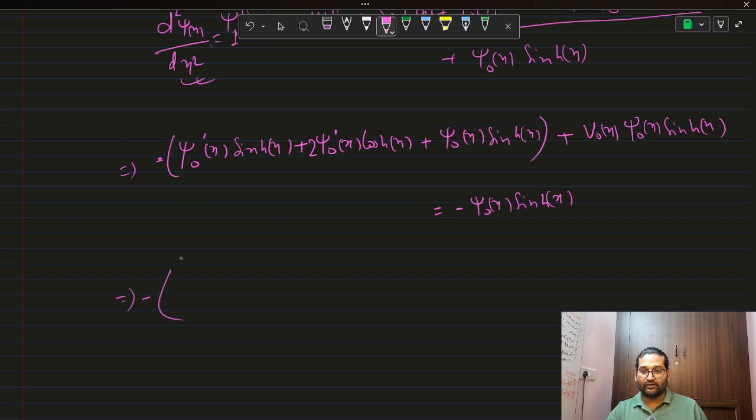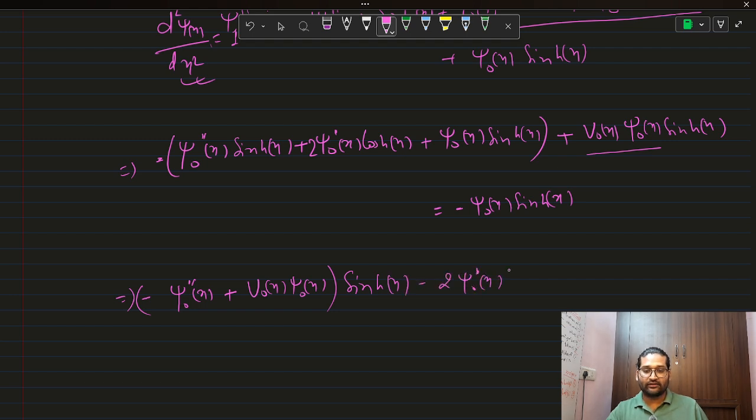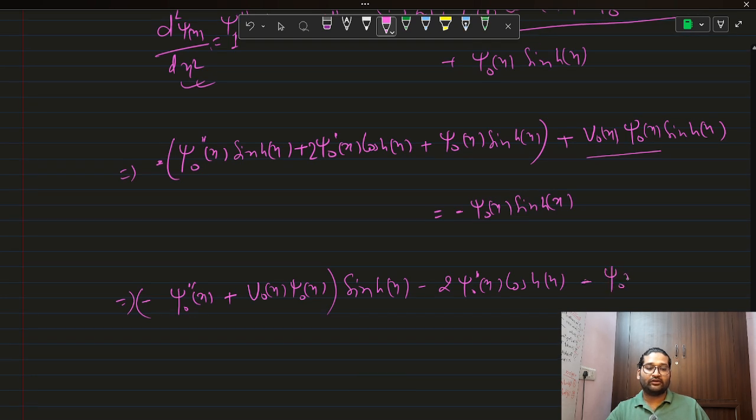This will give us psi naught double dash x, write this part with double derivative plus V naught x psi naught x, and take sine hyperbolic outside, minus twice psi naught dash x cos hyperbolic x, minus psi naught x sine hyperbolic x is equal to minus psi naught x sine hyperbolic x.